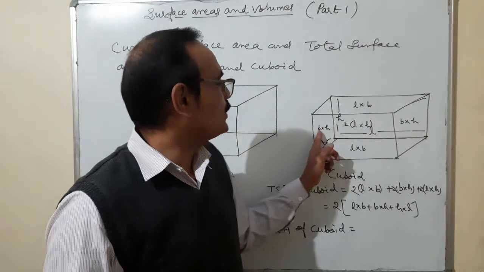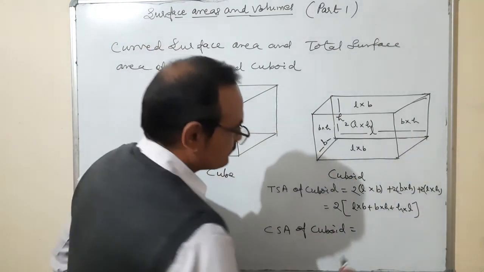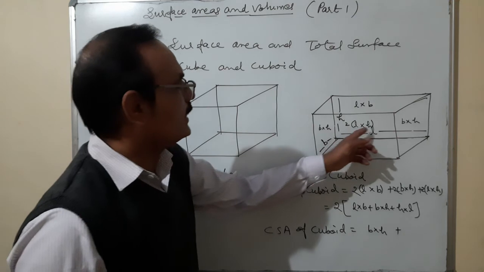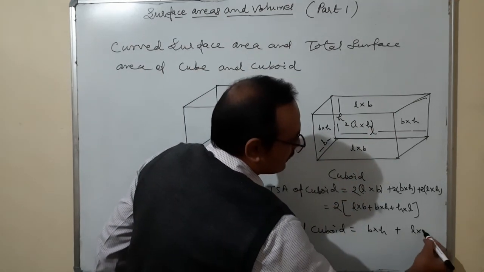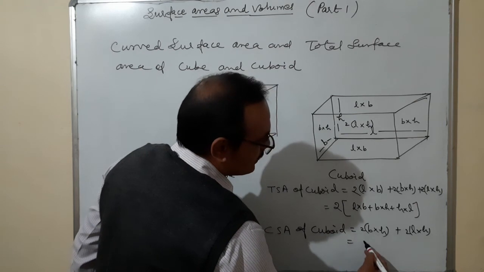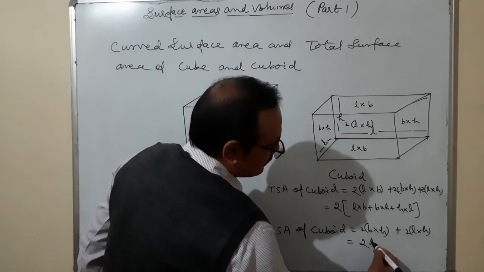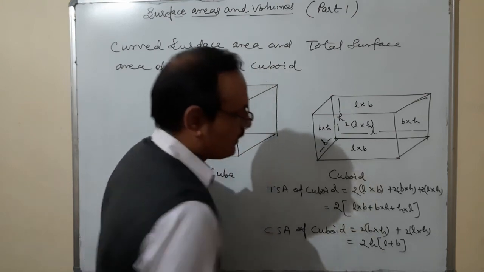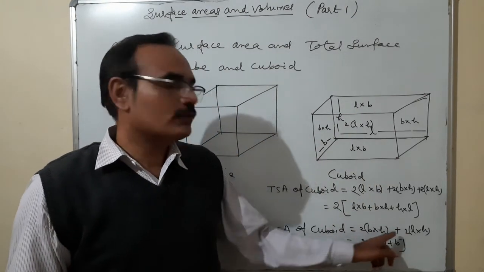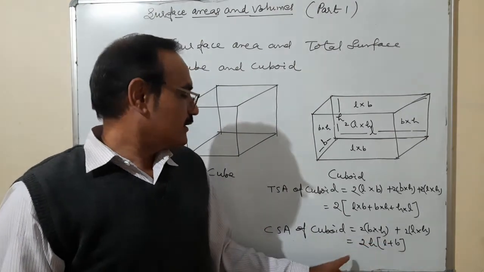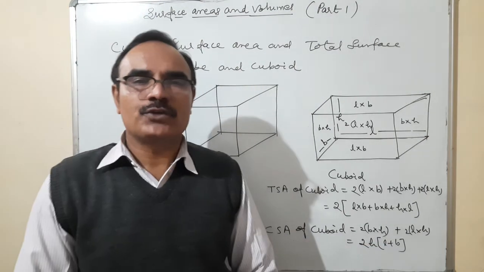This is B into H, B into H, plus L into H, L into H, 2 times. May I take 2H common, it is coming L plus B. What is it? This is the curved surface area of cuboid.